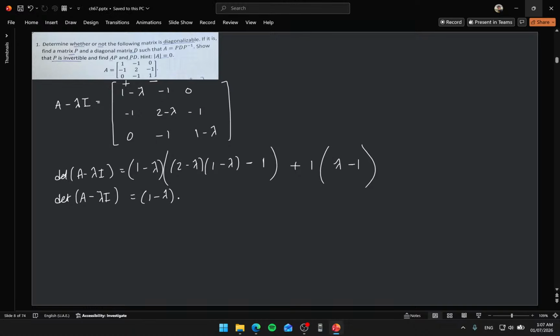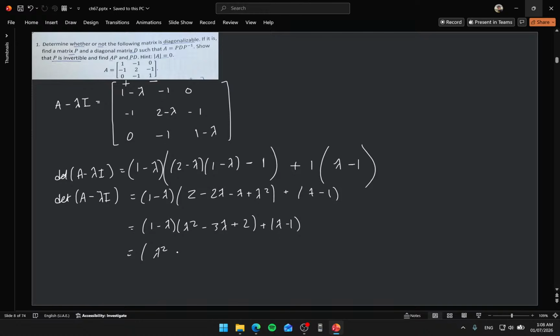Okay, 1 minus lambda on 2 minus 2 lambda minus lambda plus lambda squared plus lambda minus 1. So that's 1 minus lambda, lambda squared minus 3 lambda plus 2 plus lambda minus 1. Now we distribute. I can't skip distributing.